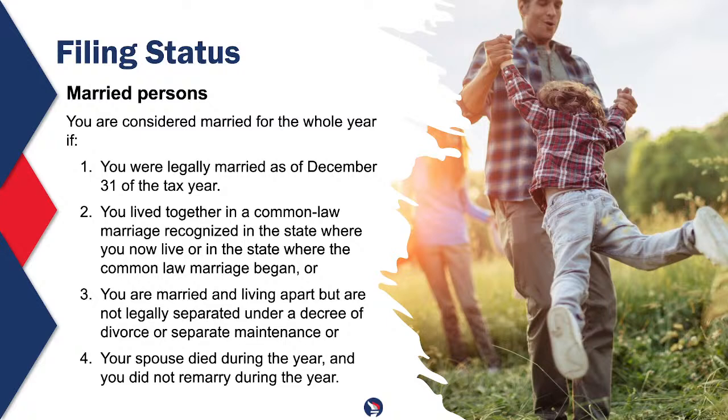There's no requirement in marriage to actually be together once you're married. So there's no vacation from that, shall we say, and no requirement to actually be together physically. And if your spouse died during the year, you're still married, unless you remarry. But if your spouse died during the year, you still get to be considered married for the entire year.